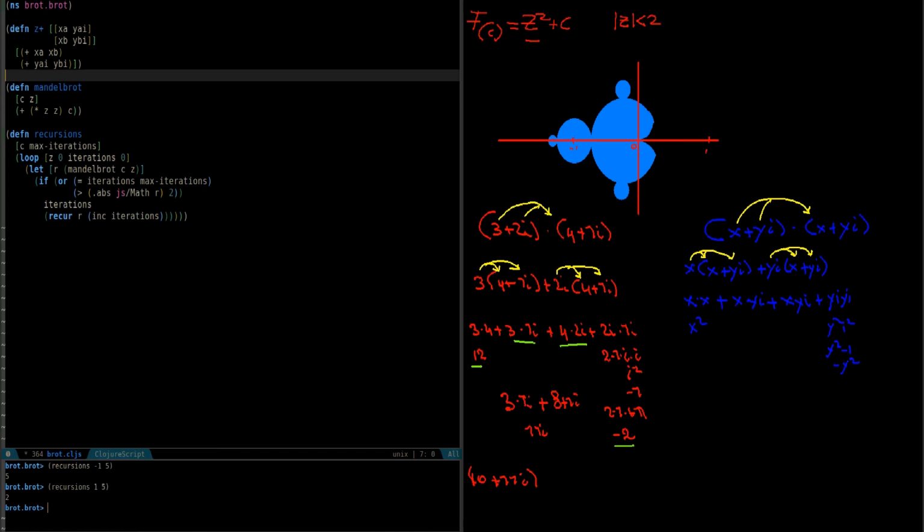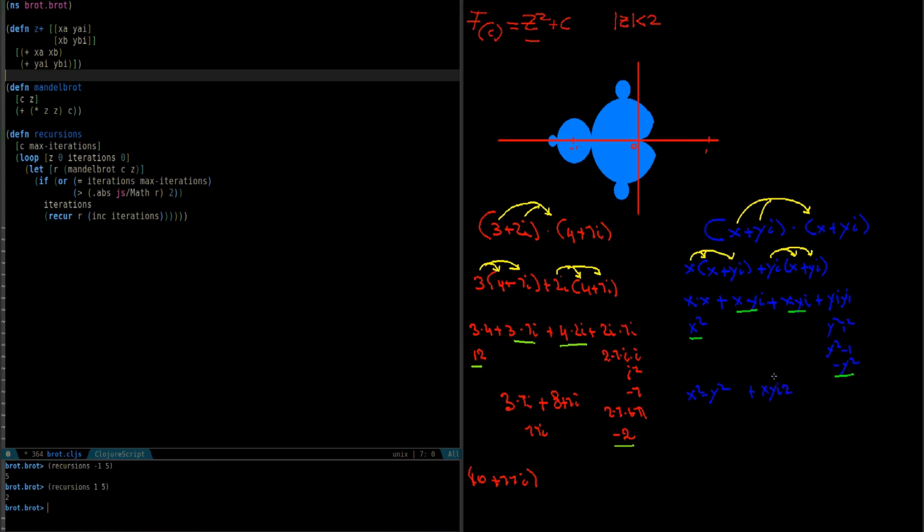Okay, so again, let's add the real parts together, x squared and minus y squared, and then add the imaginary parts together. So that gives us x squared minus y squared plus xyi times 2.